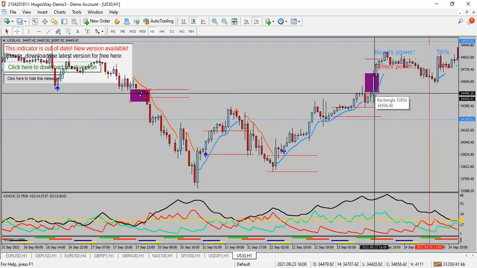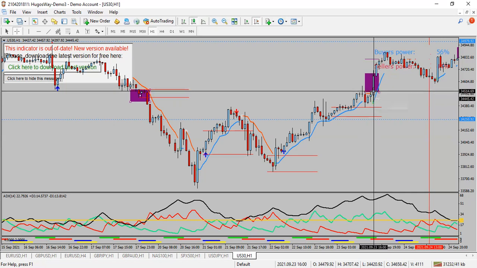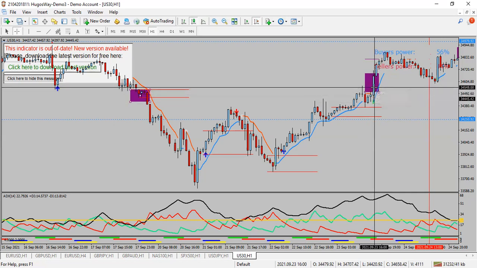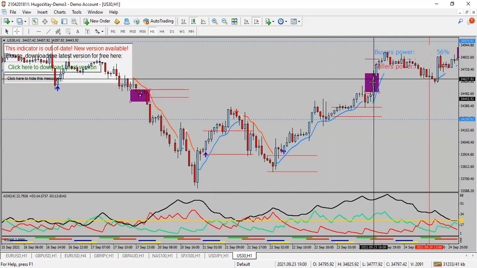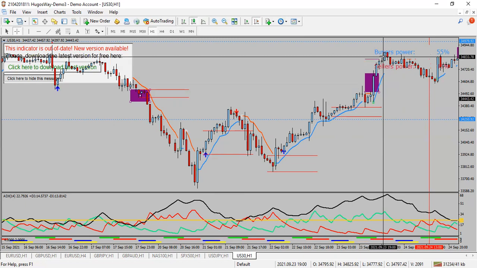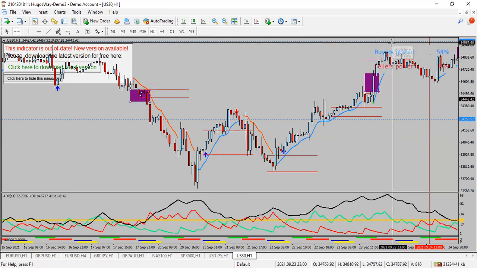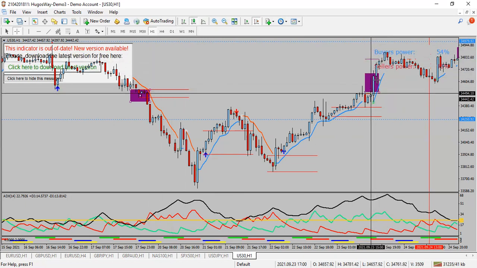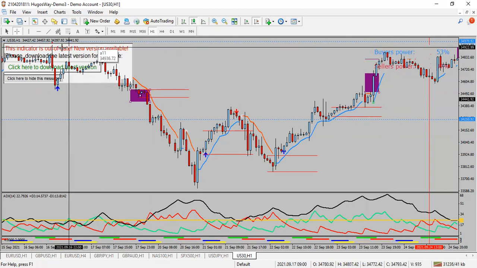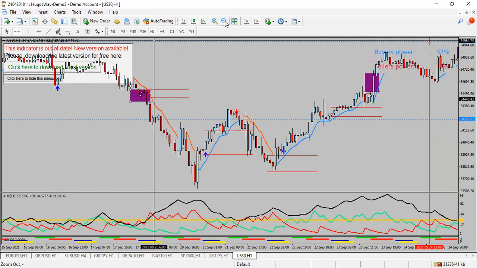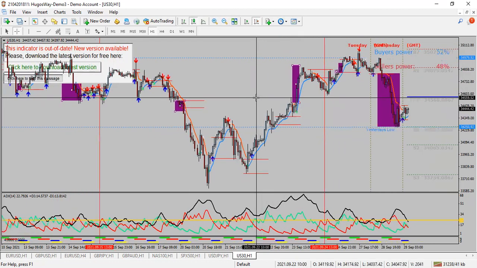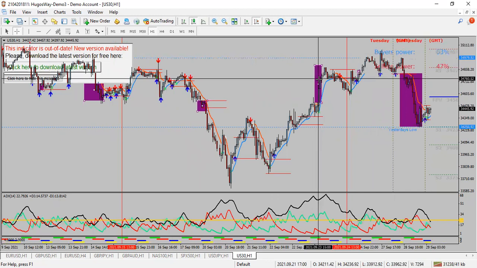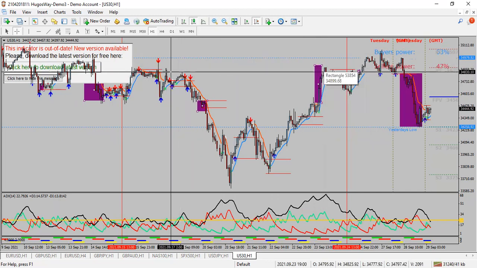If you had just waited for the New York session and waited patiently for price to come back and play into this Sunday open, then you would have gone immediately into profit, up into these highs up here. You can see that price is mirroring the same area over here, taking out highs in the market right here.